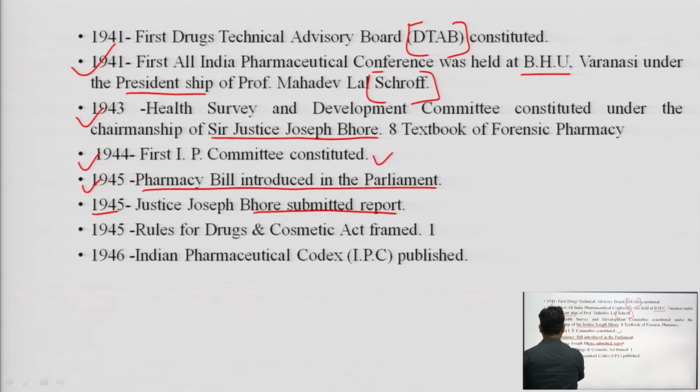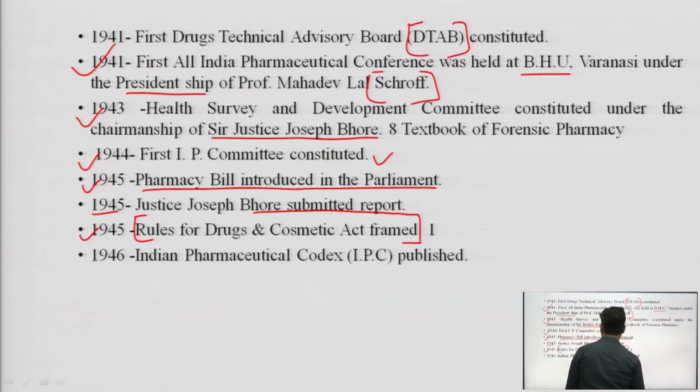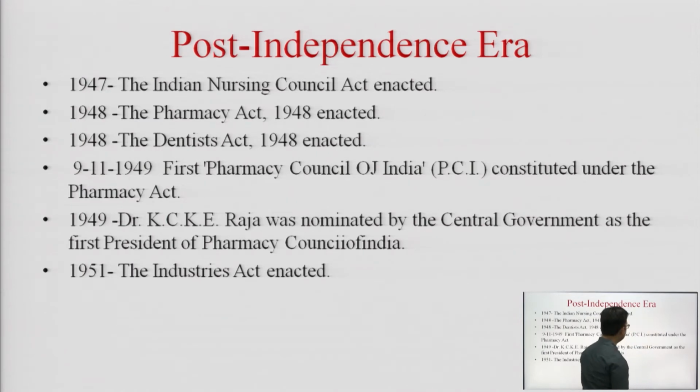And in 1945 itself, the rules for the Drugs and Cosmetics Act were framed. So the Drug Act was made in 1940, and in 1945 the rules were framed. In 1946, the Indian Pharmaceutical Codex (IPC) was also introduced. So these were the development events which took place before independence.